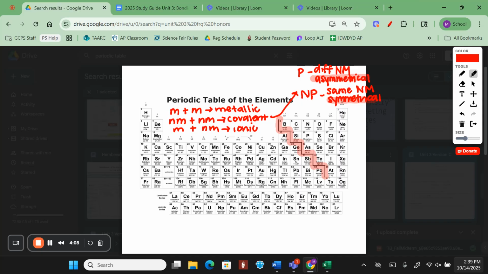Remember, nonpolar is our element bond that is low, low, low. So it's low melting points, low conductivity, no solubility or no conductivity. And then ionic is our bond that has all of the things, right? It is soluble, it has a high melting point, it has a high conductivity, so on and so forth.